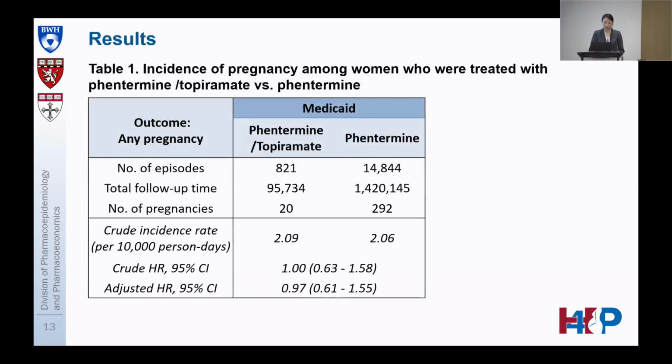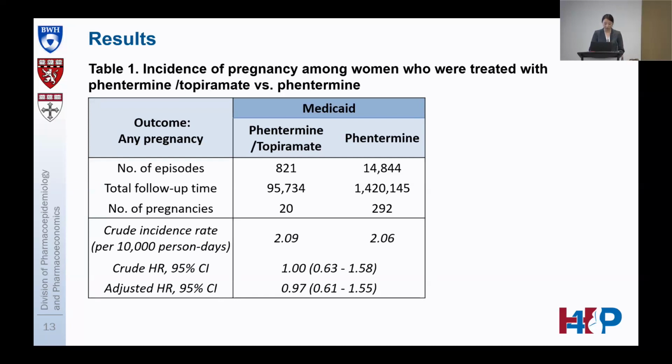We first move on to the results of the main analysis, where we looked into the incidence of pregnancy among women who were treated with either phentermine topiramate versus phentermine. If we first focus on the Medicaid population, the first three rows present the numbers of episodes and the number of pregnancies during the follow-up time.